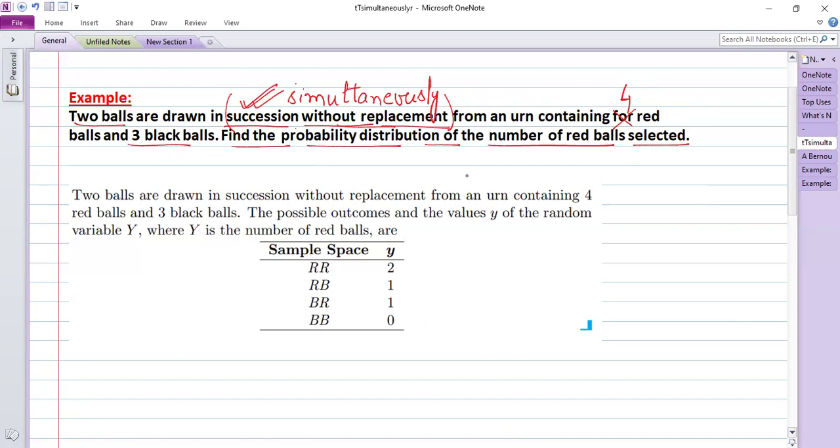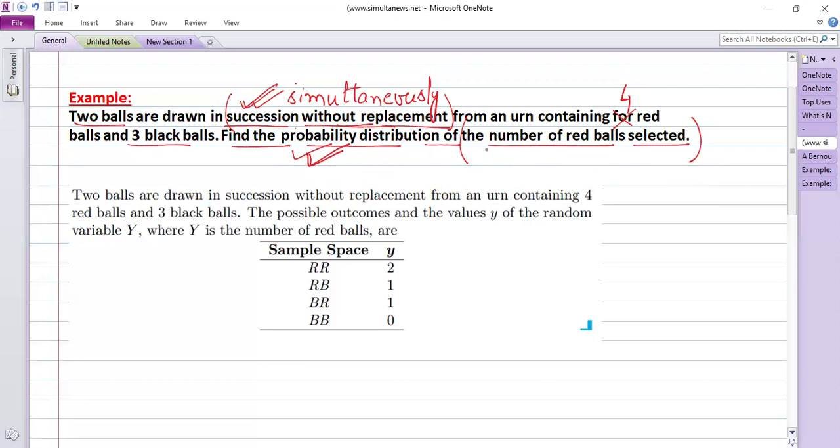Now, if you have observed in the previous two questions, even in those, we were finding the probability distribution of some certain number of things.